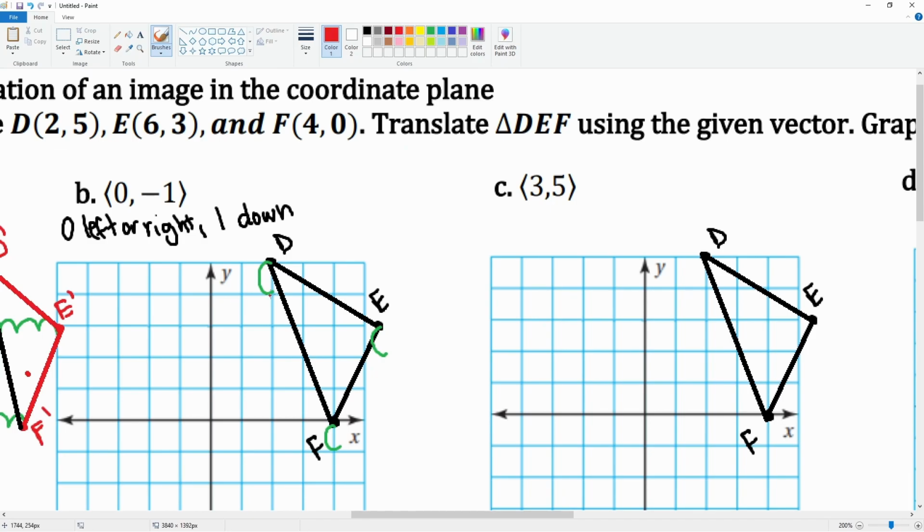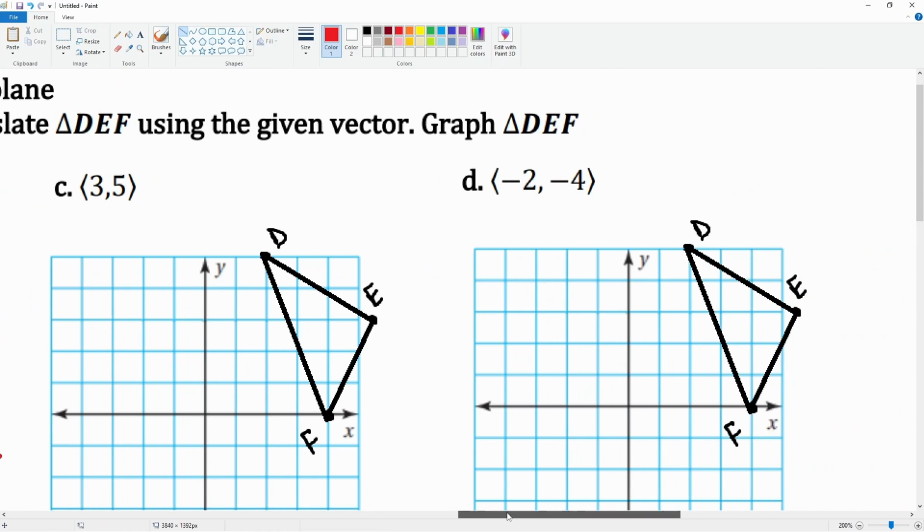The new points are D prime, E prime, and F prime. Now let's connect it. That's how the image looks after it got translated by (0, -1).